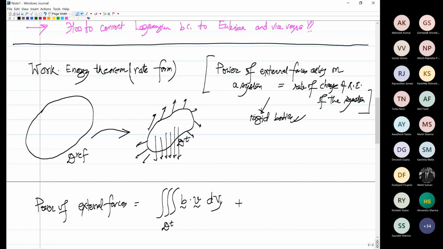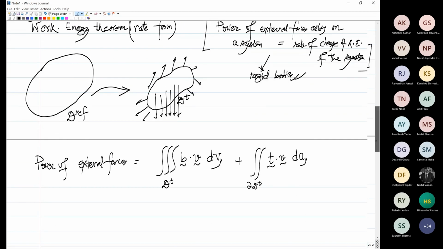Likewise, you can also think of the power due to the traction. So that's going to be traction T, and again dotted with the velocity times dAy for the area.